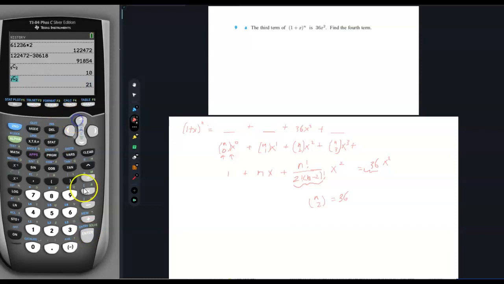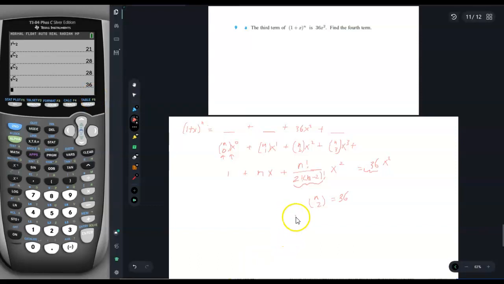Okay, what about 8 choose 2? Looks like we're getting closer though. Nope, too small. What about 9 choose 2? And you're thinking, really? This is the way we're supposed to do it? Well, I can show you another way, but 36, 9 choose 2, n equals 9. I'm done, right? So n equals 9. So that solves that mystery.